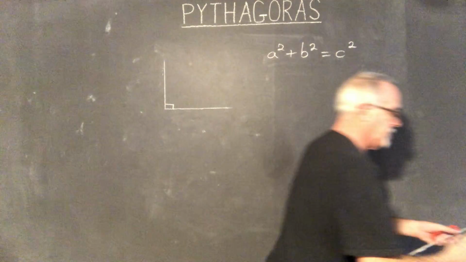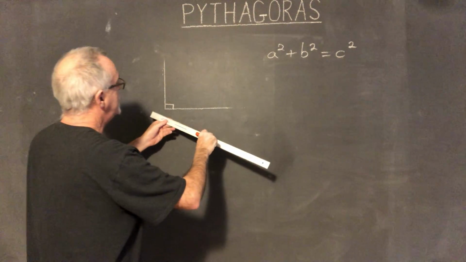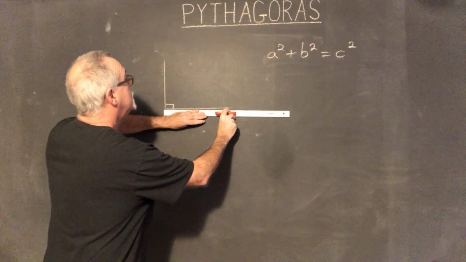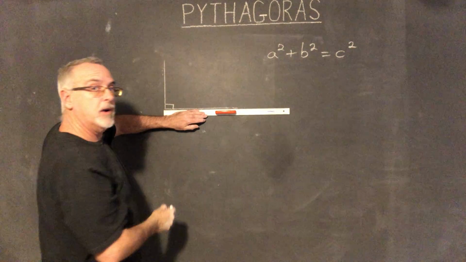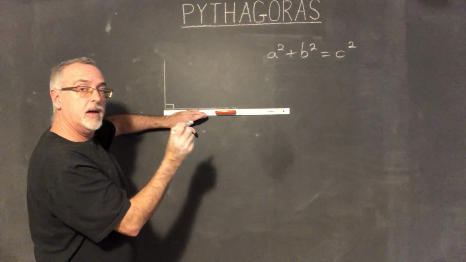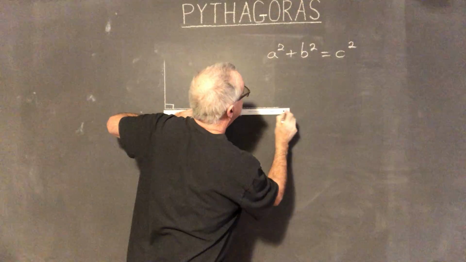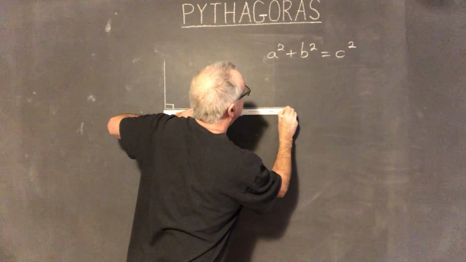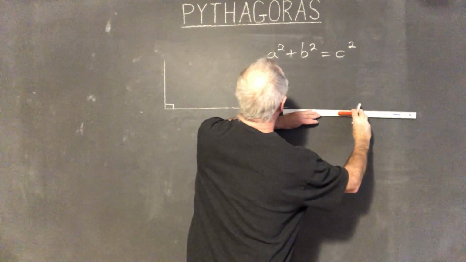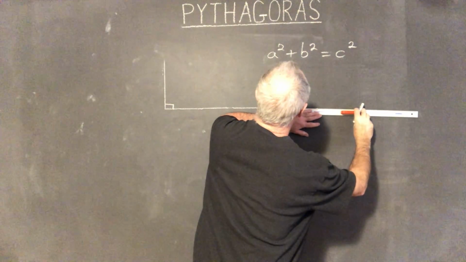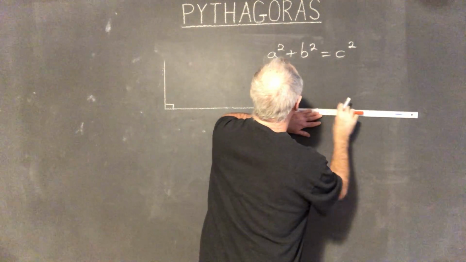And I need chalk. Okay. Now in decimeters, I'll make this quite long. Some right triangles are quite long and skinny, but they just have to have that right angle. That has to be there. So how about if I put, going a little further, there.